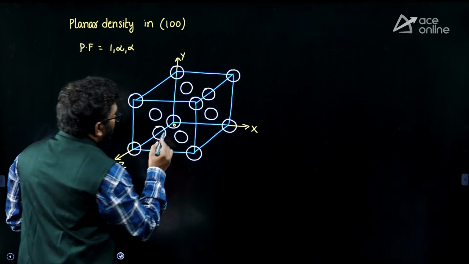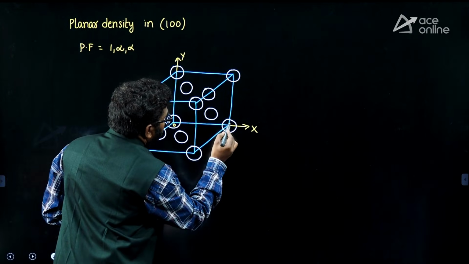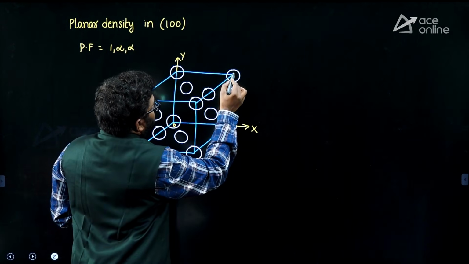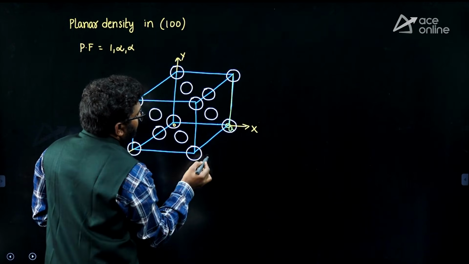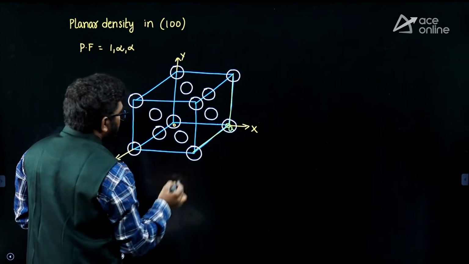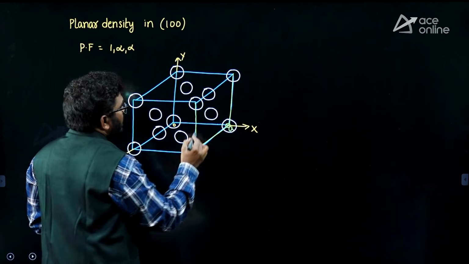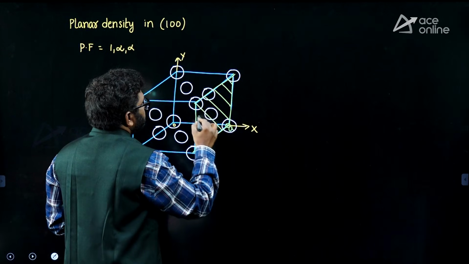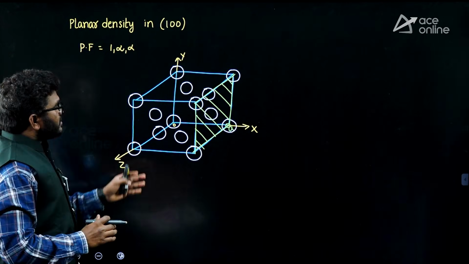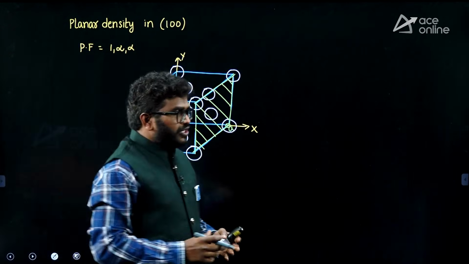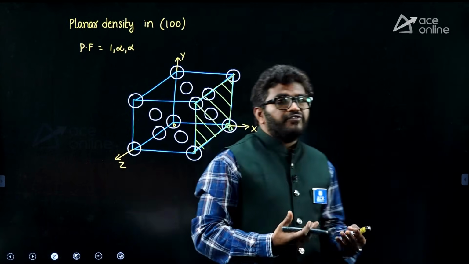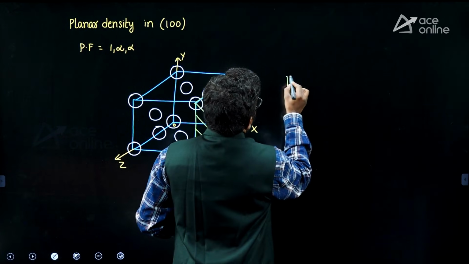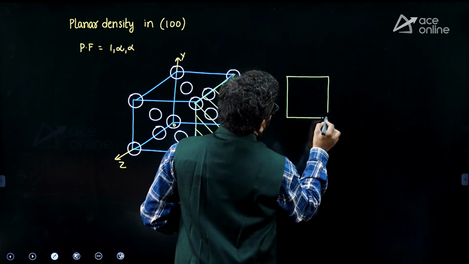So from the origin, locate x equal to 1, a point A. From this point A, it is parallel to the y-axis and parallel to the z-axis. So I'll get the plane like this. Suppose if I take a cube, one face of a cube will give you 1, 0, 0.